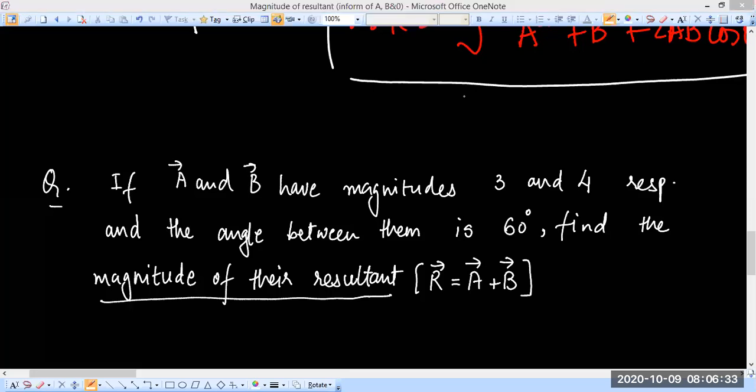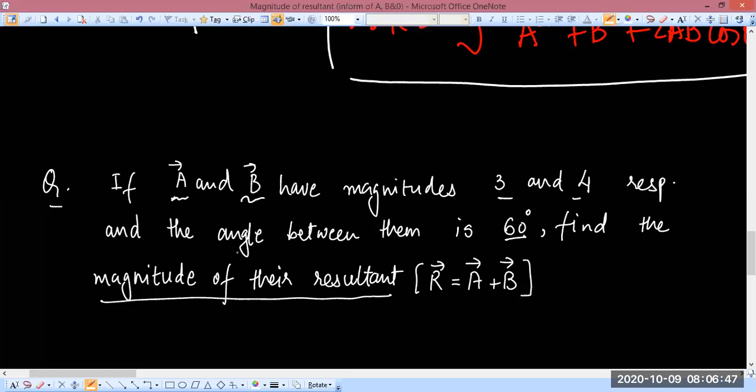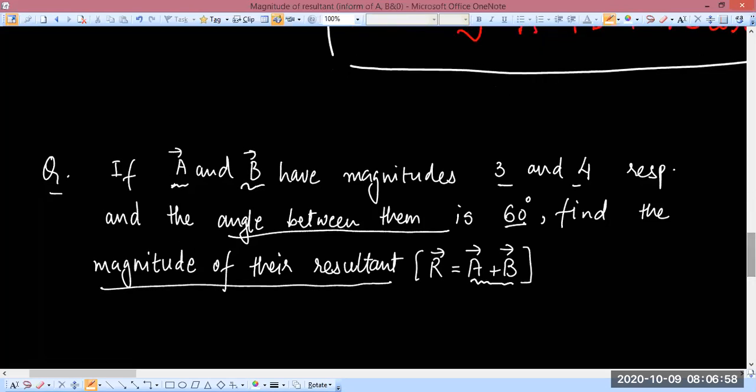What we have derived here is that if you are given two vectors, A vector and B vector, and if you know their magnitudes and the angle between them, then you can find the magnitude of their resultant, that is, of the addition of the two.